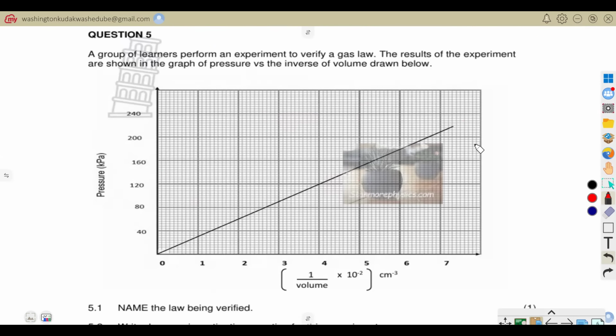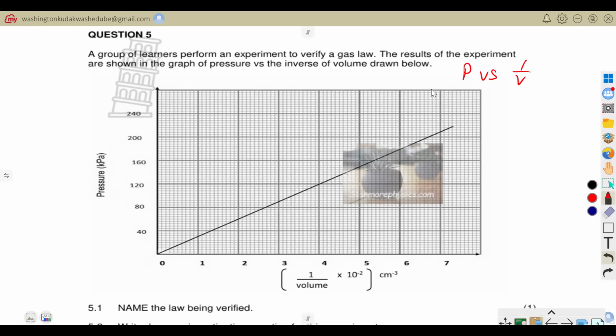So question number 5 now, we are saying that a group of learners perform an experiment to verify a gas law. The results of the experiment are shown in the graph of pressure versus the inverse of volume. They're saying, name the law being verified.